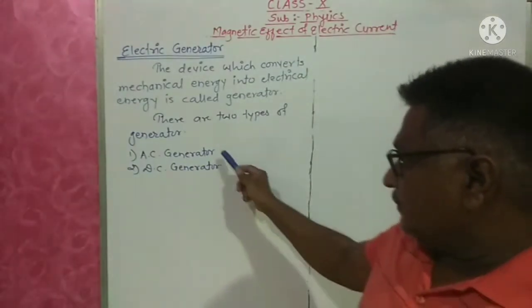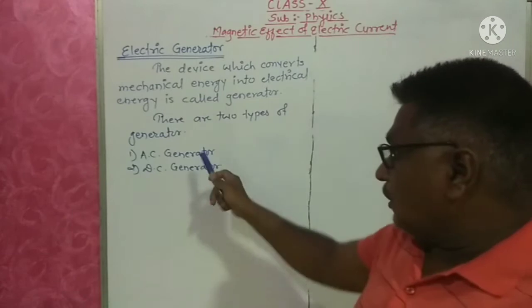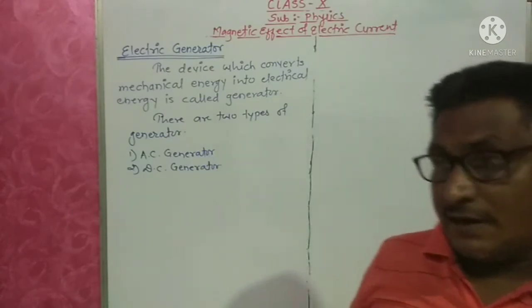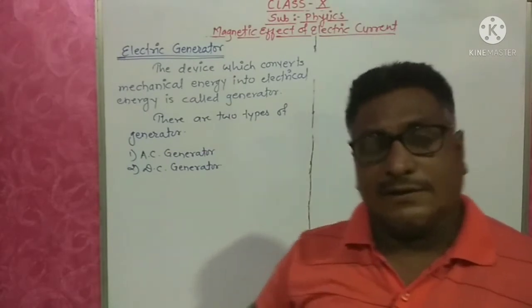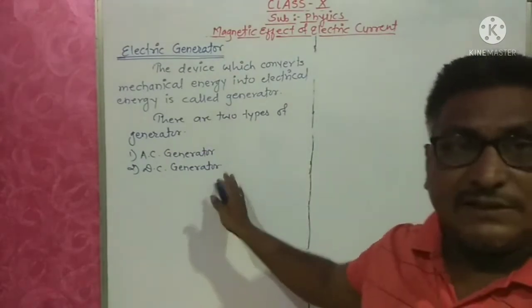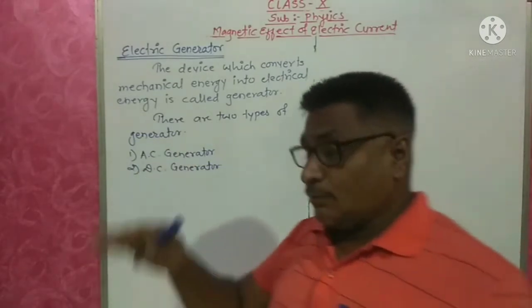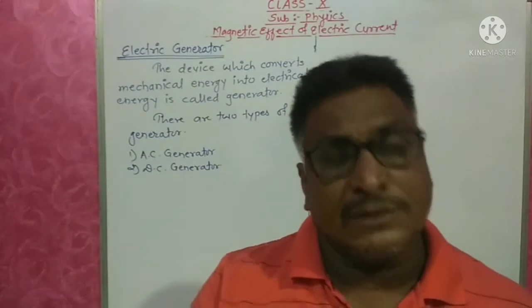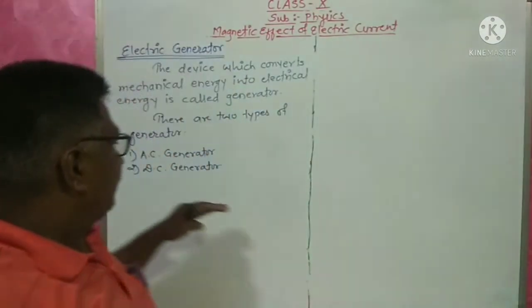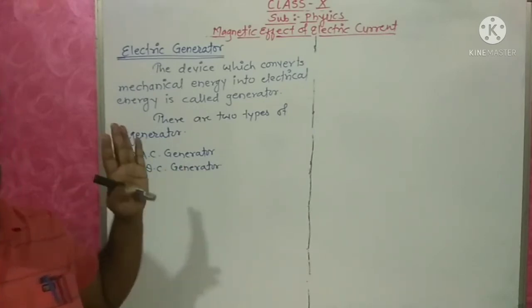The generator which produces alternating current is called AC generator, and the generator which produces direct current is called DC generator. Like in the electric motor we wrote principle, then construction, working, in the same way here we are discussing AC generator and DC generator.